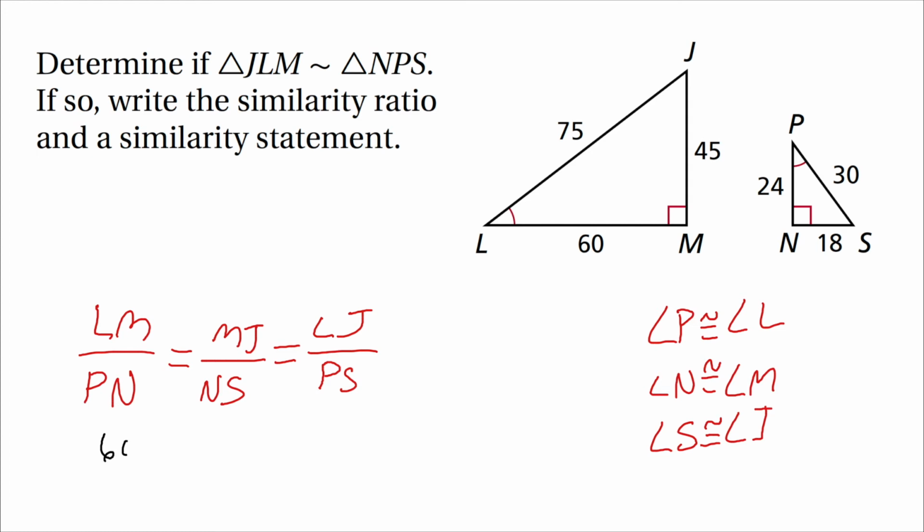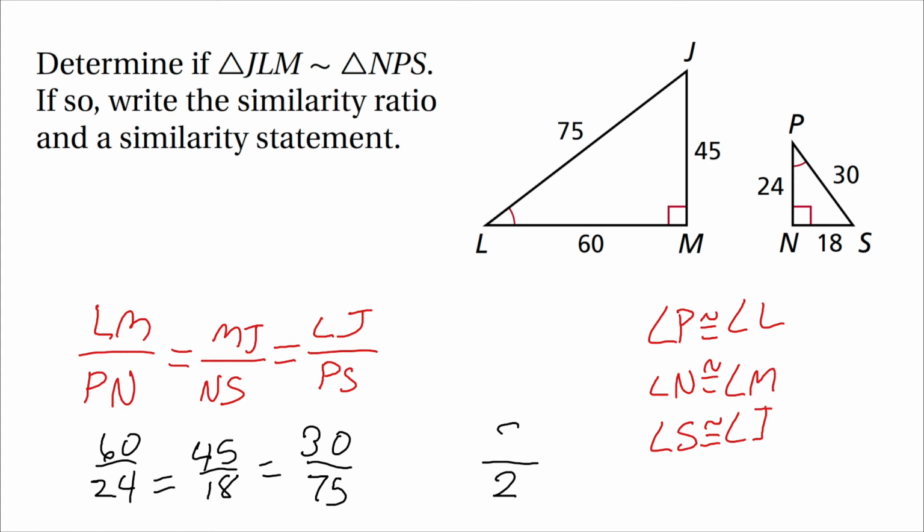LM is 60 over 24. MJ is 45 over 18. And then LJ is 75 over 30, I wrote this last one wrong. The common factor of 60 and 24 is 12, so that becomes 5 over 2.